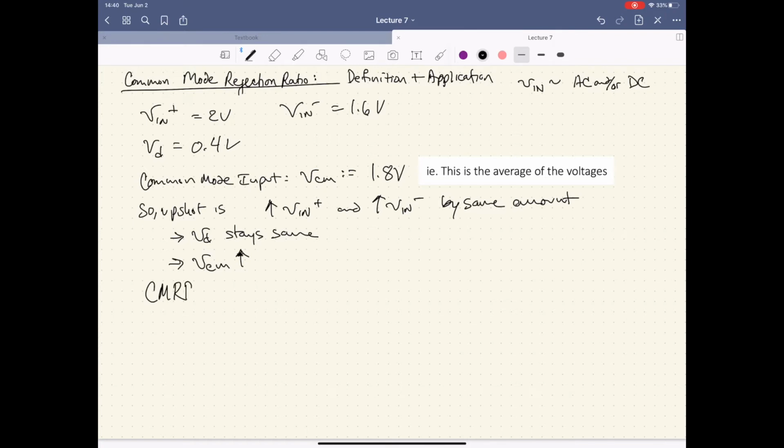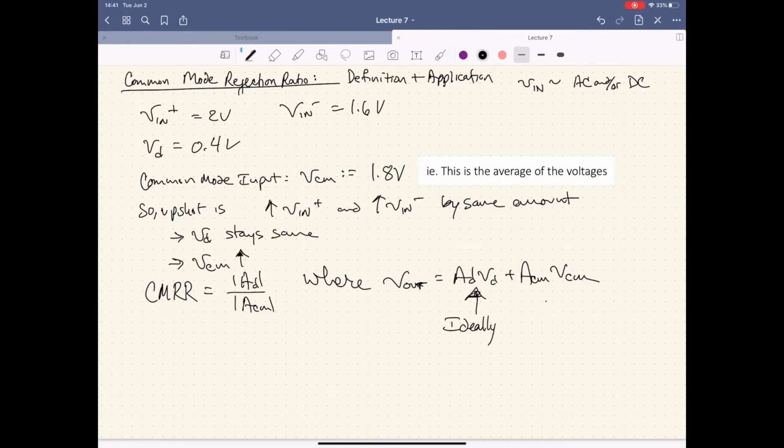And this leads us to define our common mode rejection ratio. We have CMRR defined as AD over ACM, where V out total is equal to AD VD plus ACM VCM. So ideally, this is all we care about, but things aren't always ideal, as we know.